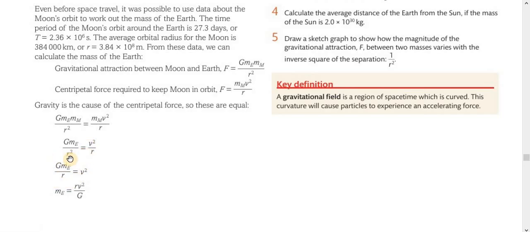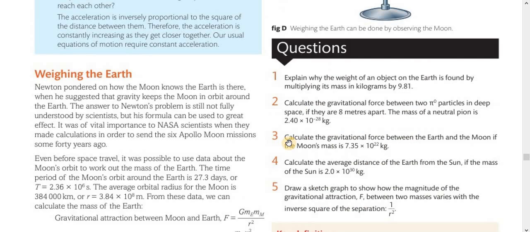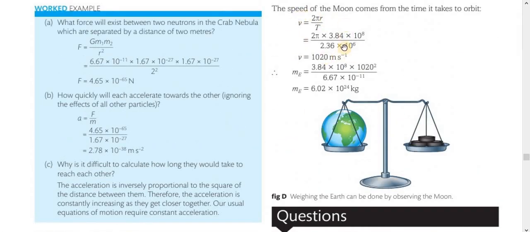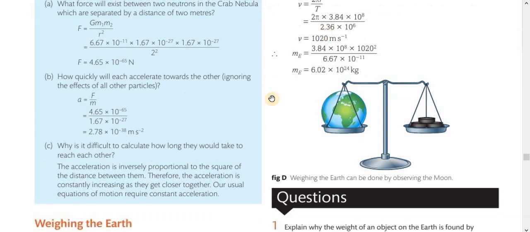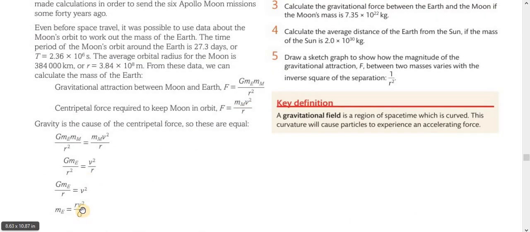Then we simplify. Here we have r squared, here r, then we get this. And then we are making this the subject of the equation. Let's say we want to find the mass of the earth. So this is the equation. Now if you remember, we already found the orbital speed of the moon. We already found v. R was already given.